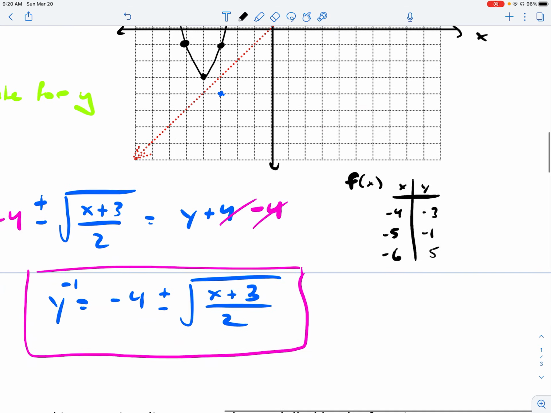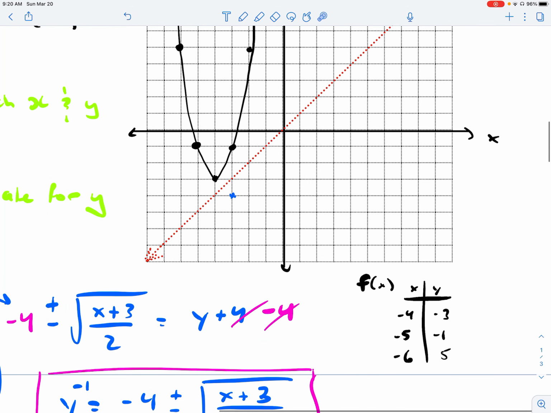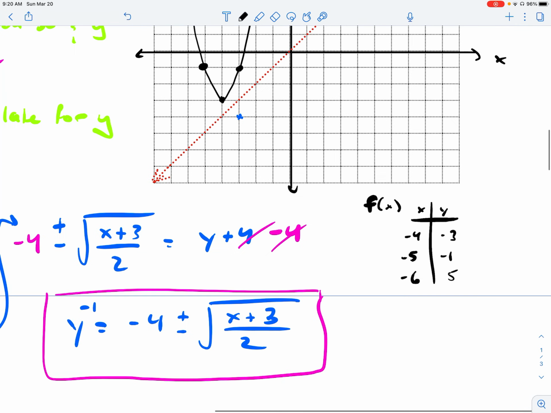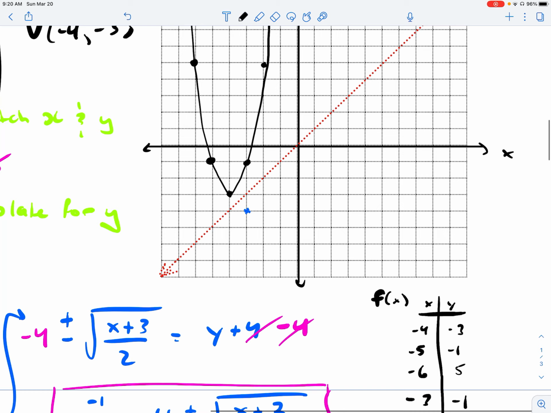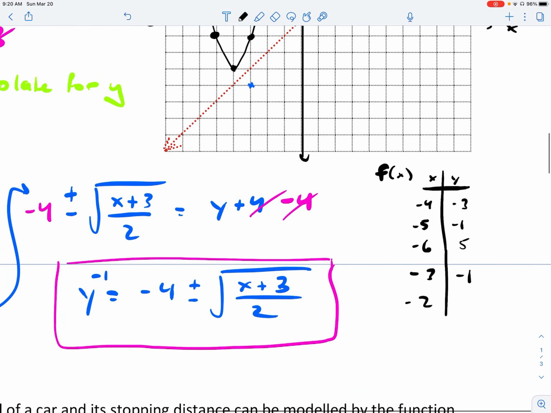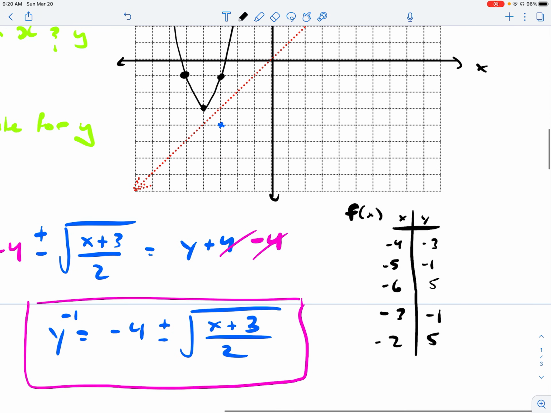Okay, so those are a few points there. I'm just going to grab the other ones here. So that's -3, -1. And then we have -2, 5. So those are for the base function.